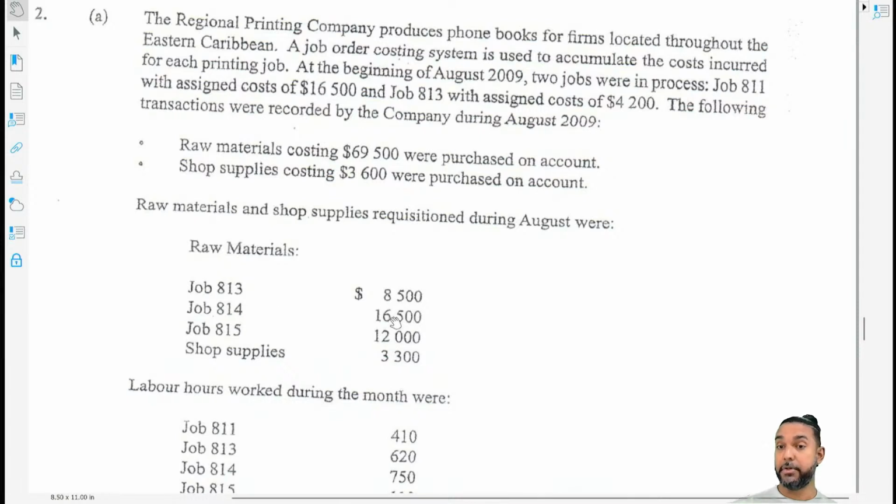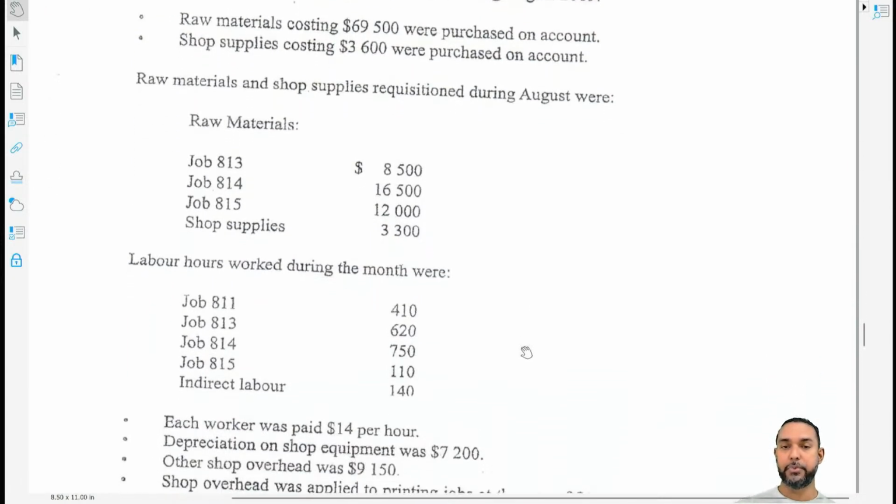So these are actual costs. Jobs 814, 815, shop supplies. Shop supplies are the indirect materials, that's your overheads first. That's the actual value, right? Labor hours worked during the month were for Jobs 811, 813, and indirect labor, 140 hours.